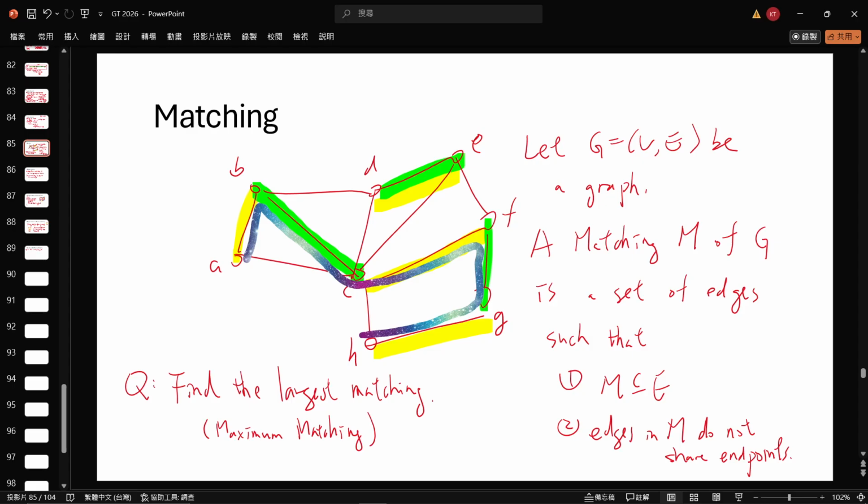I can just follow this path, and whenever an edge is not in the green matching, I'll add it to the matching, okay? So the new matching that I'm going to construct will contain this edge HG, because it is not in the green matching.